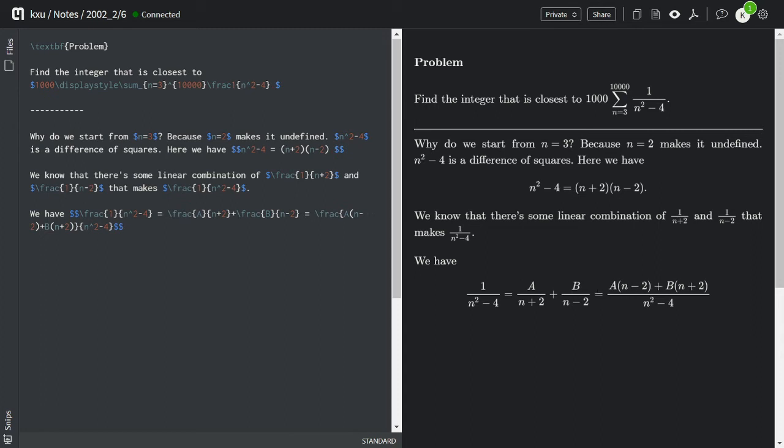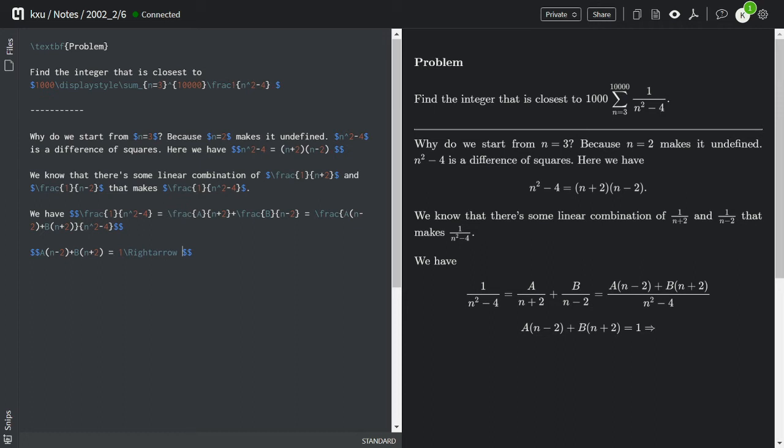Okay. And because of this, we have our equation a times (n minus 2) plus b times (n plus 2) is equal to 1. And because n is some arbitrary variable, it's always good to find our values a and b in terms of this arbitrary variable, even though we won't need it really here.